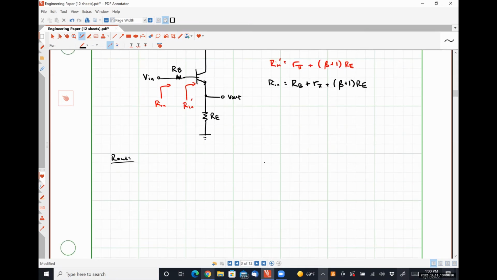So here is our test voltage, V test. Here is RE. This guy right here is R pi. Here's our VBE. Here's our quantity RB.